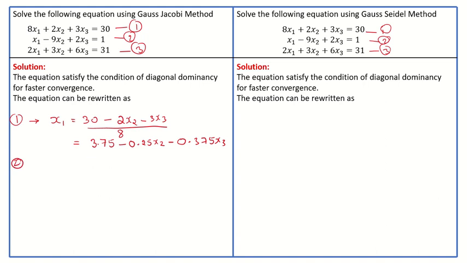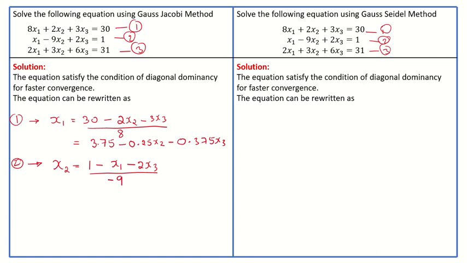Similarly, from equation 2 we have to find x2. So x2 equals 1 minus x1 minus 2x3, whole thing divided by minus 9. I am keeping x2 here and the minus 9 goes to the other side, so it becomes divided by minus 9.